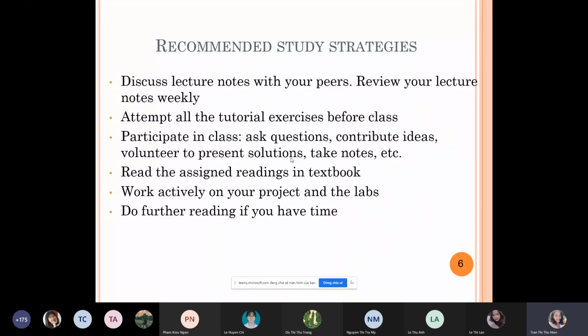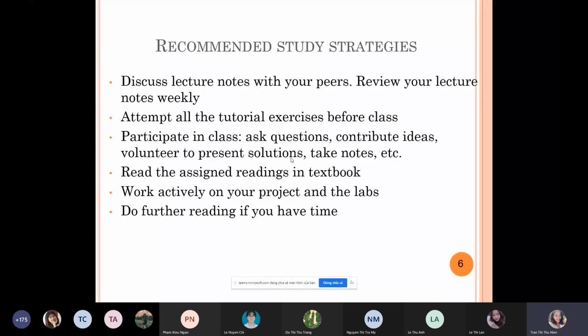I do know that the probability and statistics course is based on the knowledge of mathematics, economics, business, right? And it is quite a hard course. So we would like to give you some recommended study strategies. Discuss lecture notes with your peers, review your lecture notes weekly, and attempting the tutorial exercises is very important because when you do some problems in the tutorial list, maybe you don't know if it is correct or not, right?